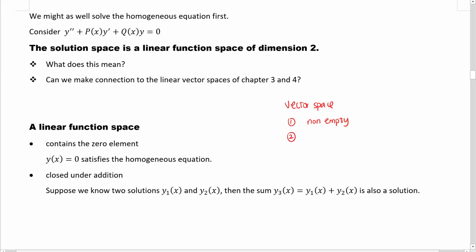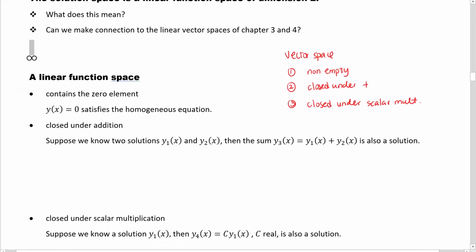Second, we show it is closed under addition, and third, we show it is closed under scalar multiplication.